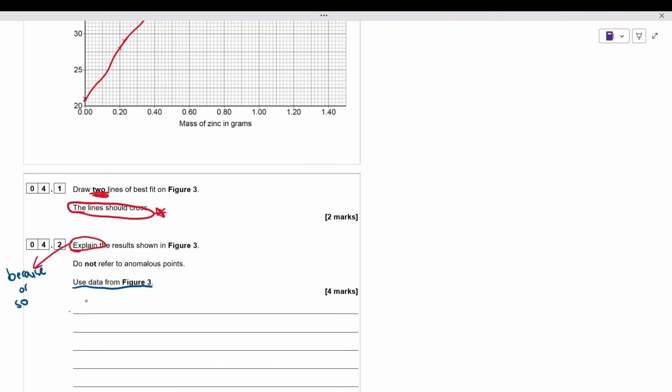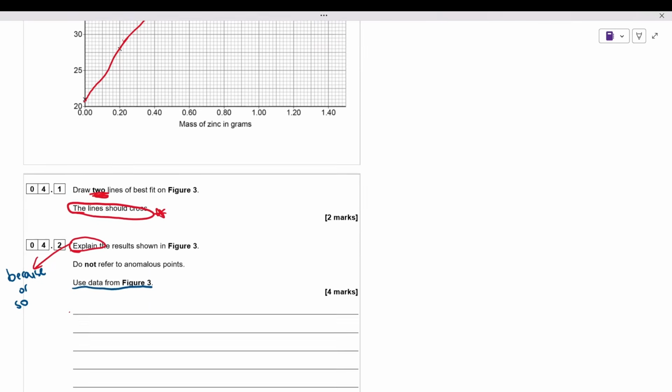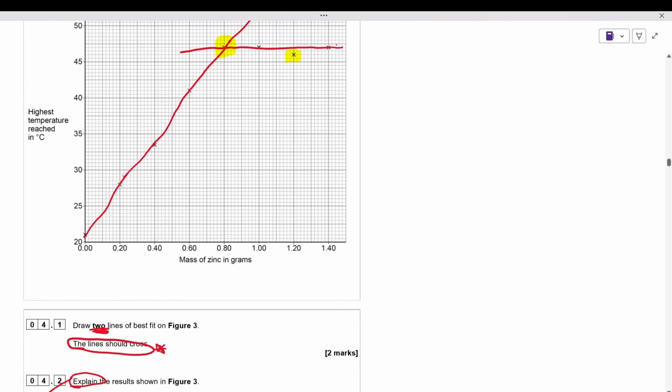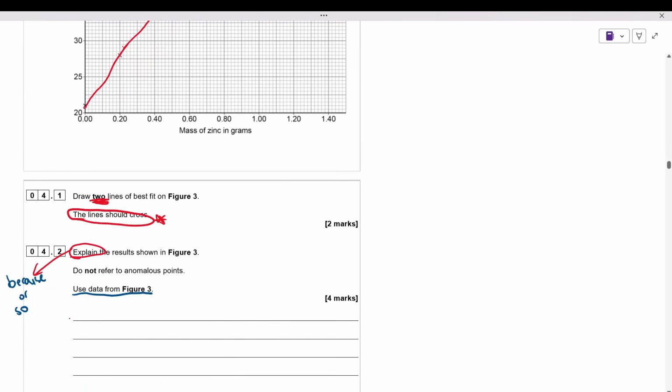So let's explain the first bit. When we're looking at the graph, we can see that the temperature is rising. The first thing we can see is that the temperature rises as we're increasing the mass of zinc added to that copper sulfate solution. So why would that be rising? Because it is exothermic.